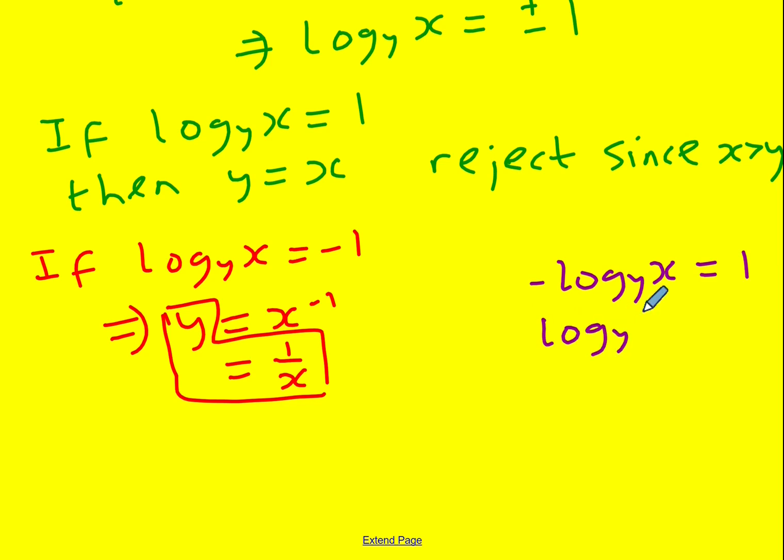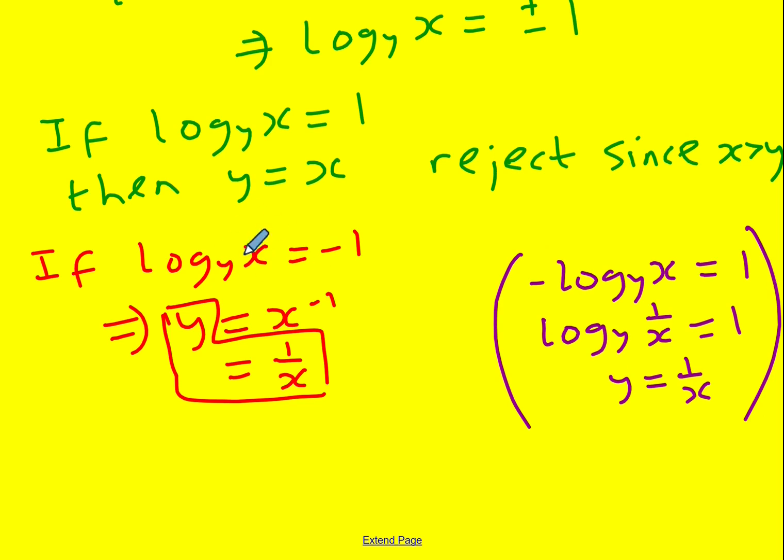So log to base y of 1 over x, using the third law of logs, taking the reciprocal, is 1. And from that we get y equals 1 over x. So if you prefer a little bit more working, then go with that. We are asked to prove it, so I feel like we can go straight from here to here, but this would be a little bit more reasoning.